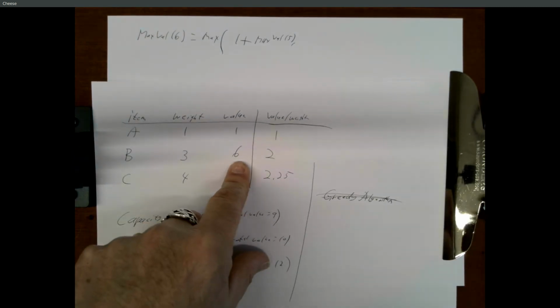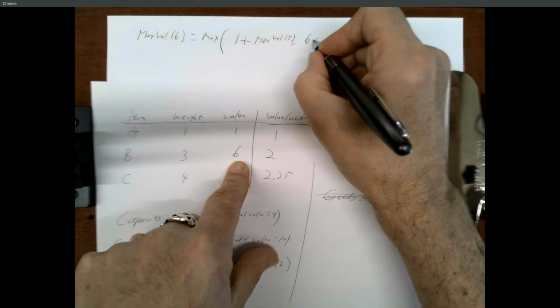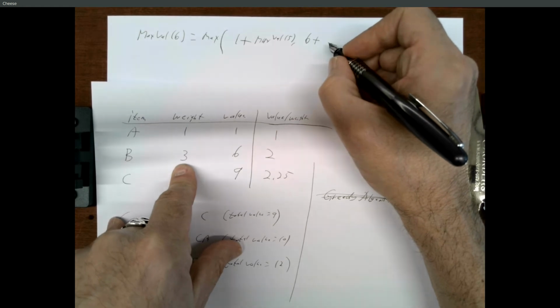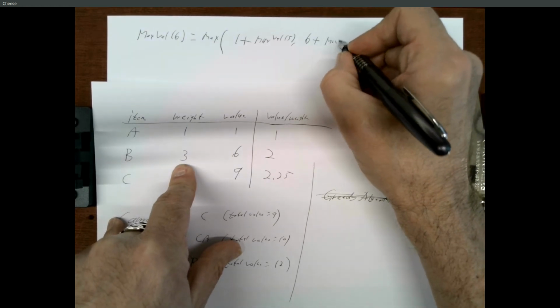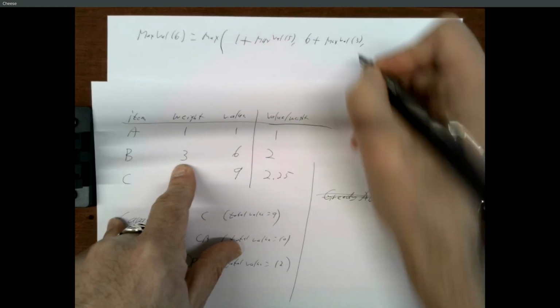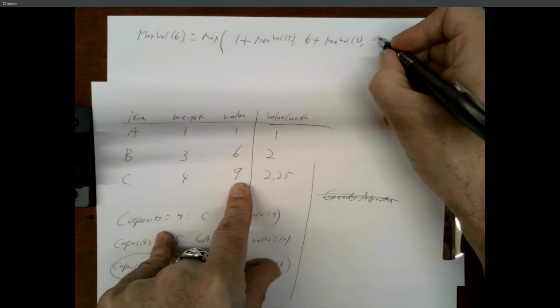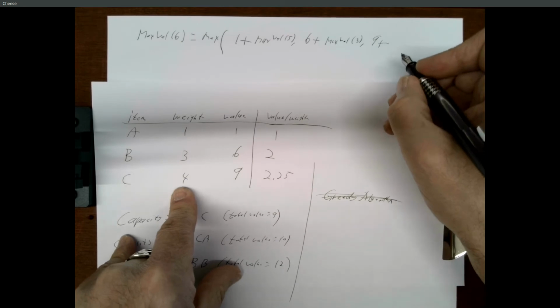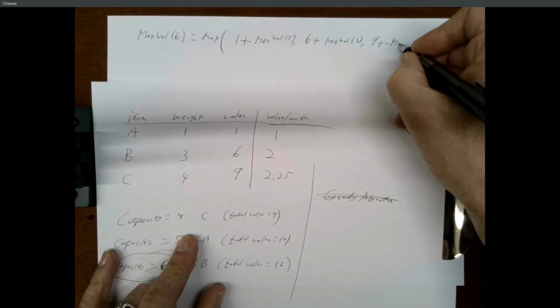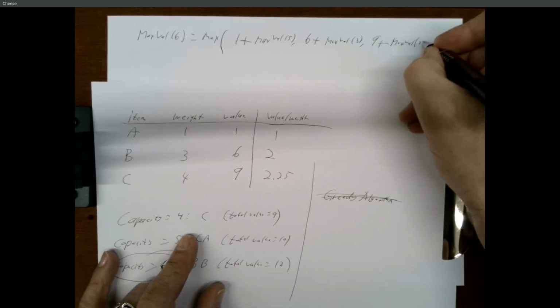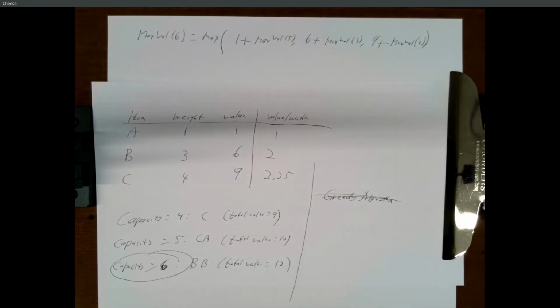If we put item 2 in, we get a value of 6, plus we take 3 pounds away from our capacity, so it's max val of 3. And if we put item C in, our third item, we get 9, and we have 2 pounds of capacity left, so it's 9 plus max val of 2. So max val 6 is whichever of those 3 expressions is the largest.